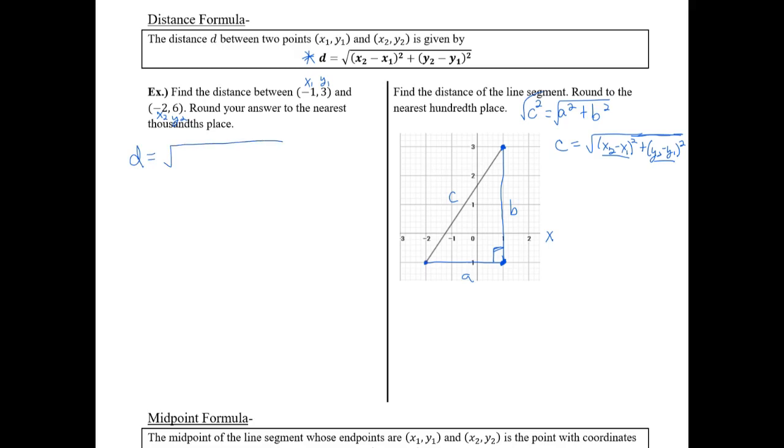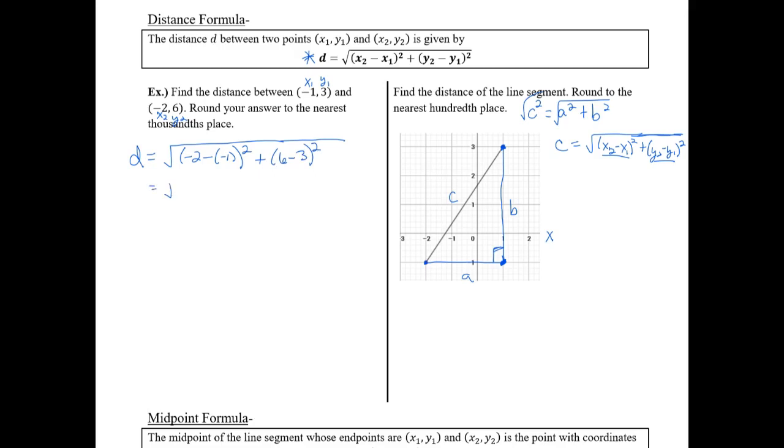So d equals the square root of x2, which was -2, minus x1, which is -1, that quantity squared, so the difference in the x value squared, plus y2, which is 6, minus y1, which is 3, that quantity squared.